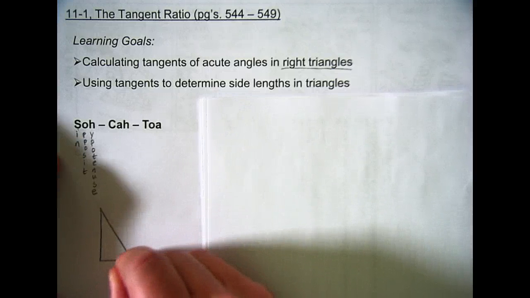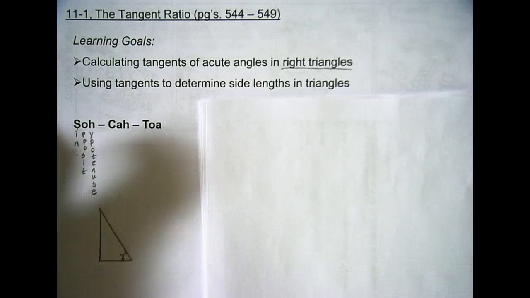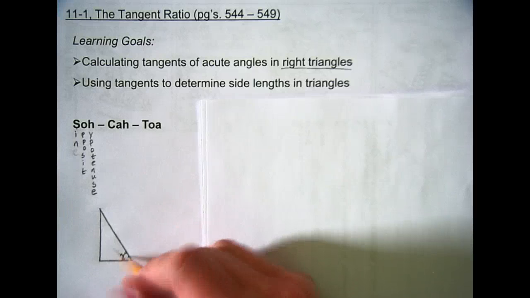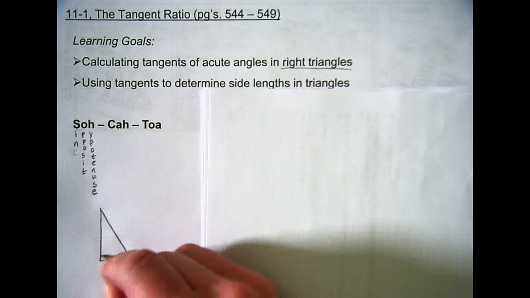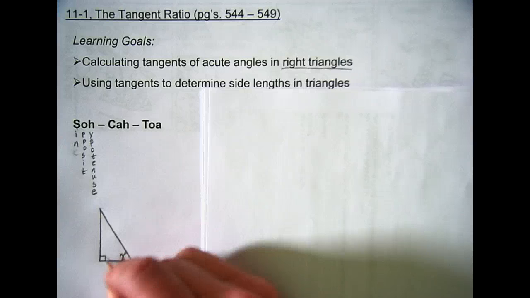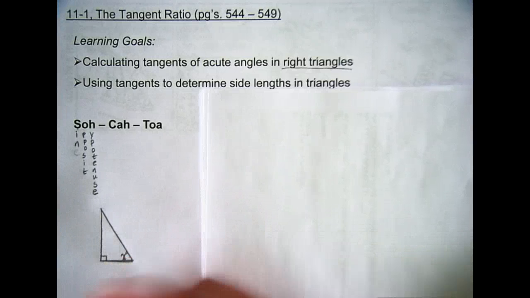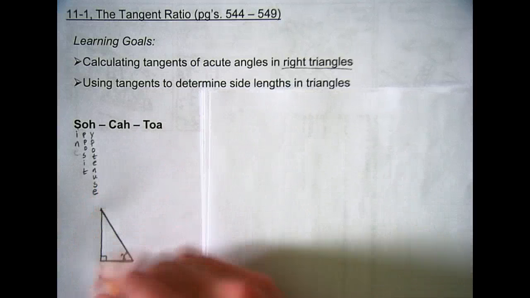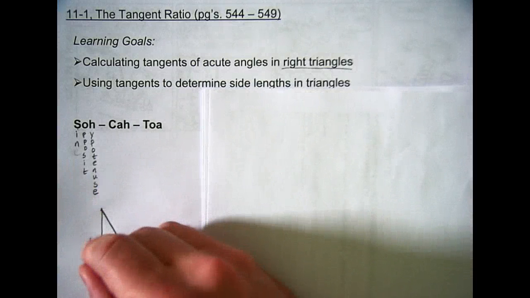Next year we'll call it angle theta. But X, okay? If we're dealing with angle X, the sine of X is equal to the opposite side, the side opposite of X, the one it doesn't touch, or if you trace this angle, it's the one at the end of the legs of that angle. This is the opposite side.